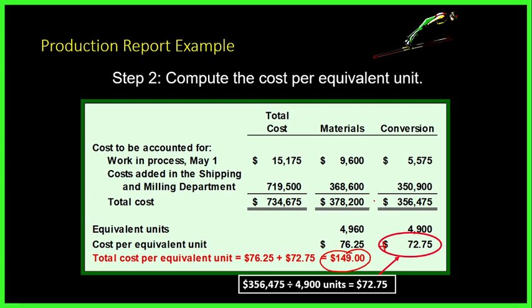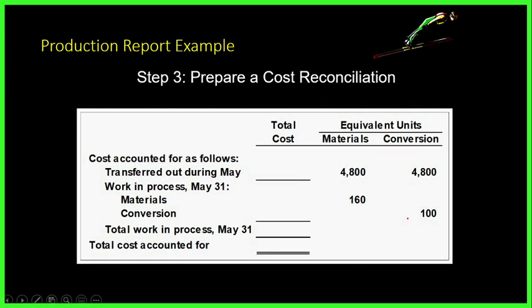So this divided by that, and then this divided by that one. Now you have your total cost to be accounted for and the cost per equivalent unit of production. You can now go to reconciliation.